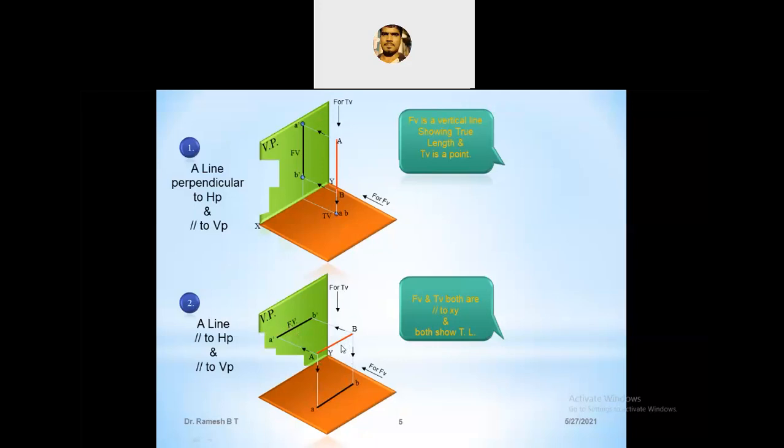So in both planes we are able to see the true length. A dash B dash is a true length, AB is a true length. AB is the top view, we can see the line, and A dash B dash is the front view, we can see the line. Point A is in line with point A dash, point B always in line with B dash. So this is the second condition.